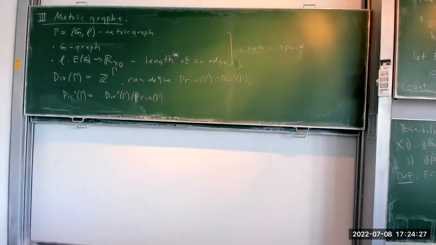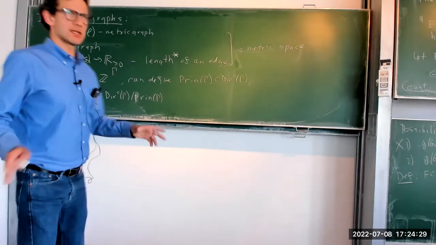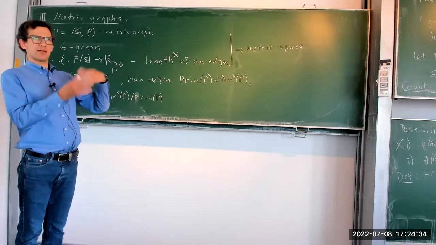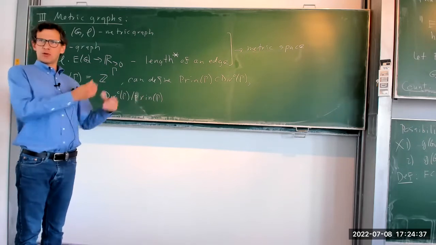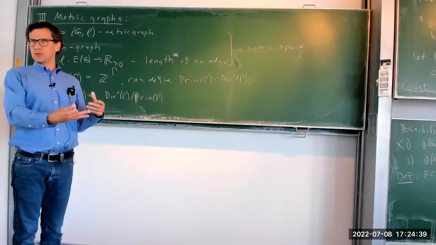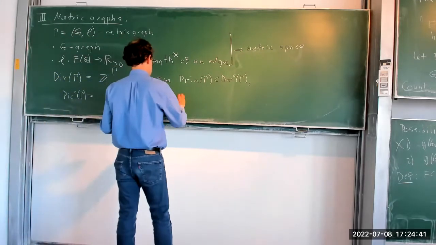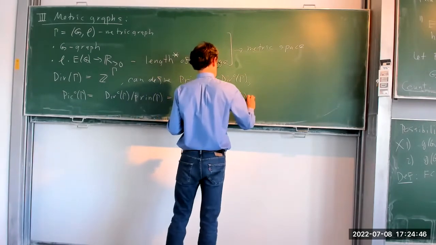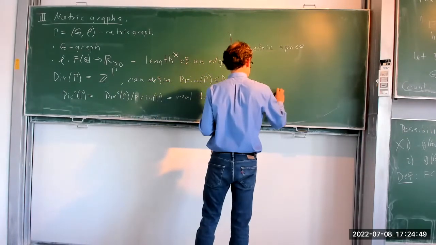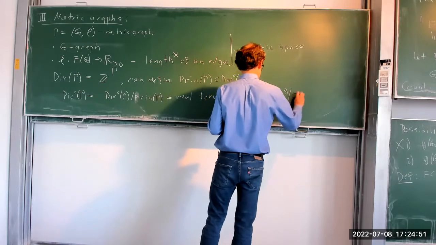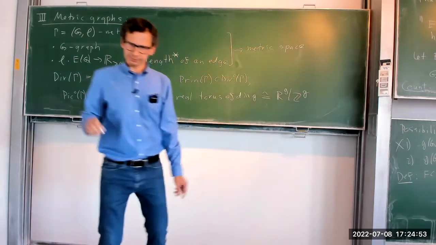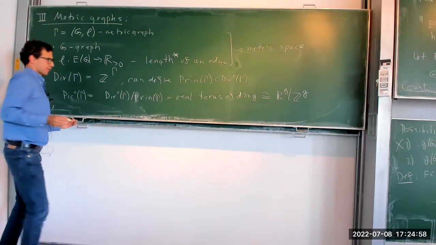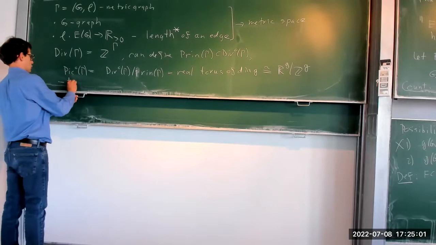And so think of it this way: the algebraic picture is the picture over C, the graph picture is the picture over Z, and this is the picture over R. So this is a compact abelian group over R, a real torus of dimension G. In other words, abstractly, it's isomorphic to R to the G mod Z to the G. And in fact, this is something called a tropical principally polarized abelian variety.